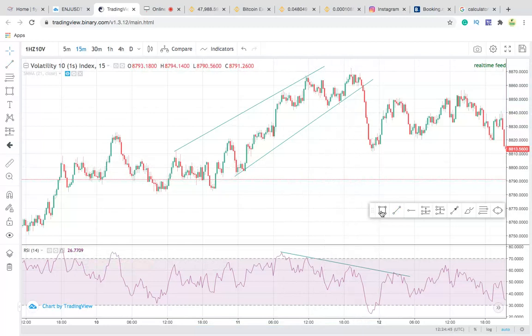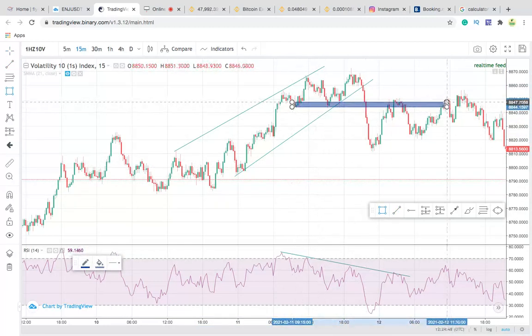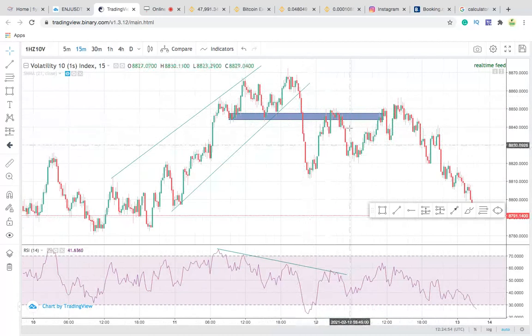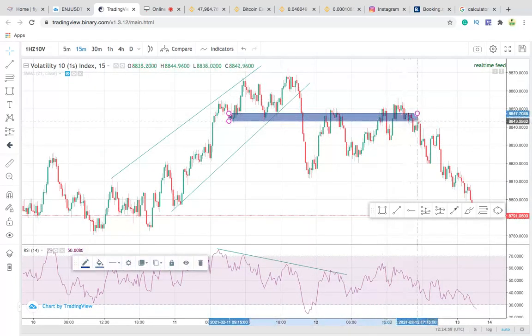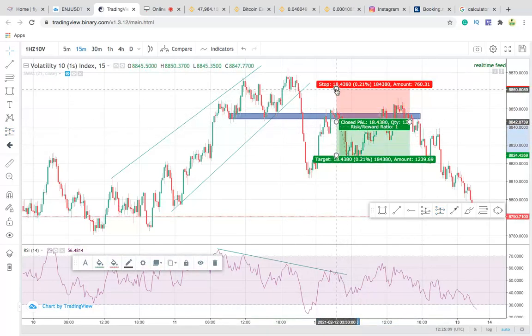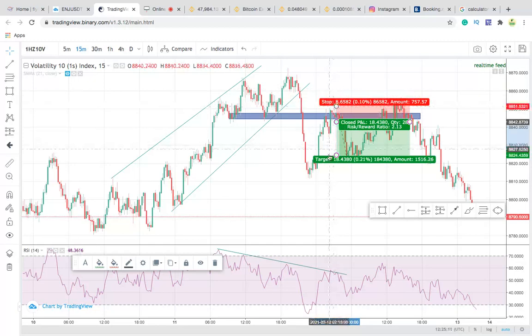Here is a breakout. Here's a support level. Support level got broken. We trade the retest. Make your profit and leave the market. So here, make an entry and then profit.